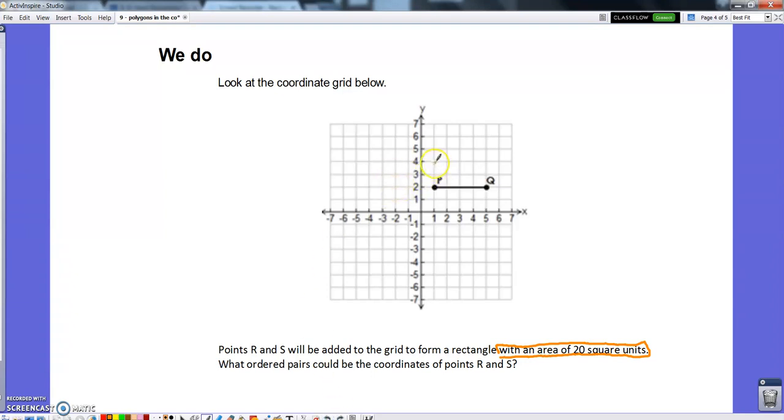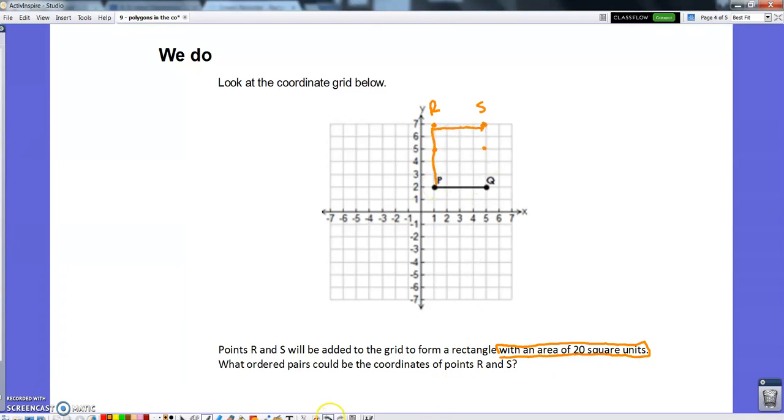If I put them here, that would make a rectangle with 8 square units, still too small. If I put them here, it's a rectangle with 12 square units, 4 more is 16, so it looks like I could put them there. If I put R and S there, let's make sure I would have a rectangle.